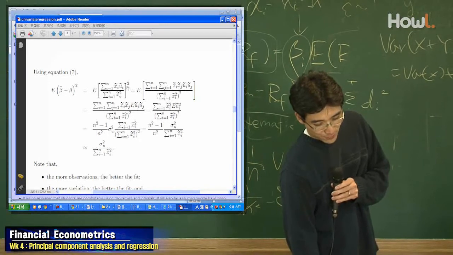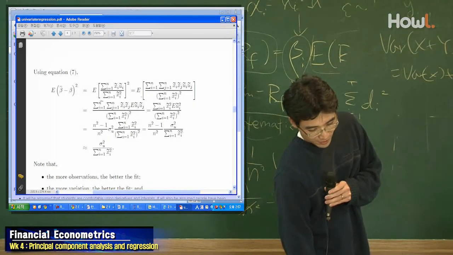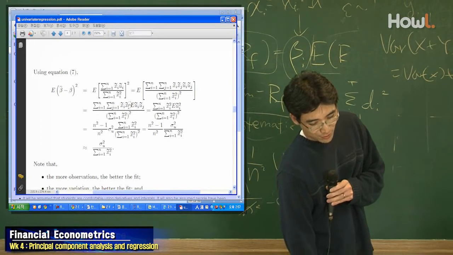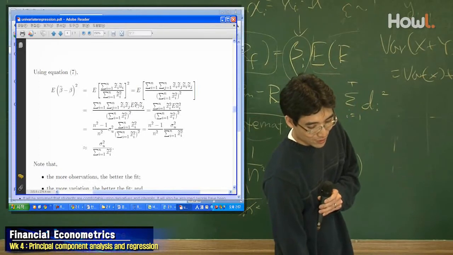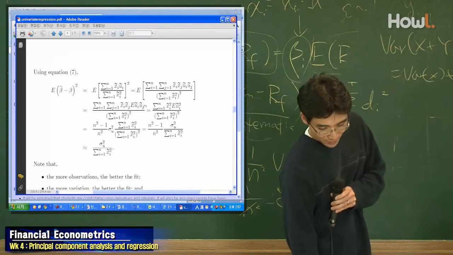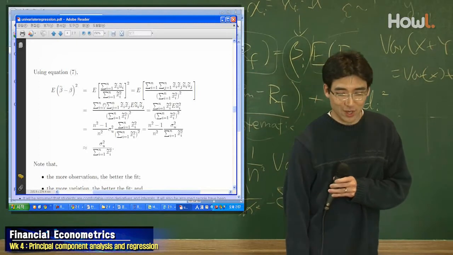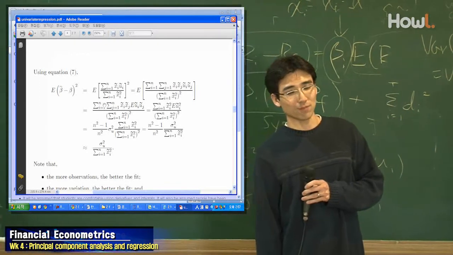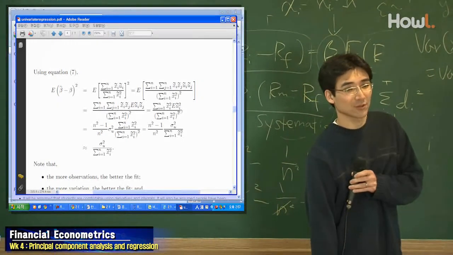Since it's a cross product, you can put E inside, since xi tilde is all data. And since ui and uj are all independent of each other, we will have only this part.